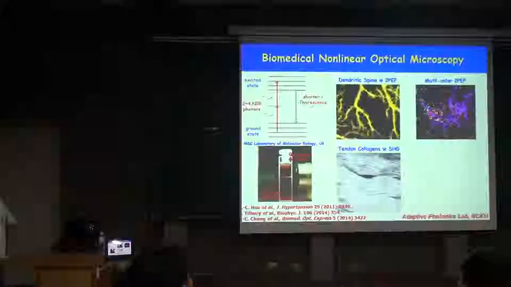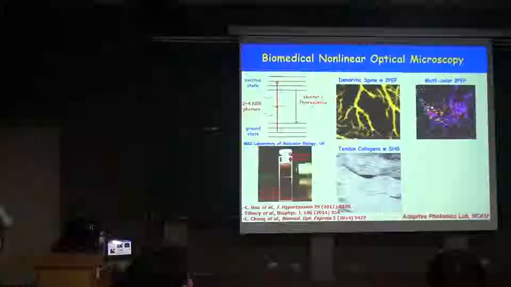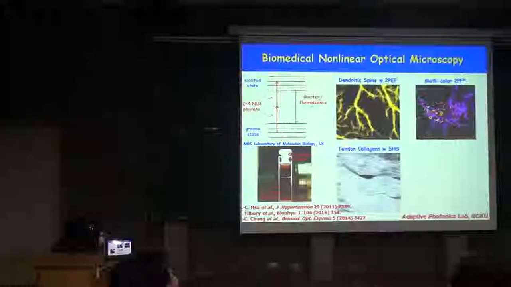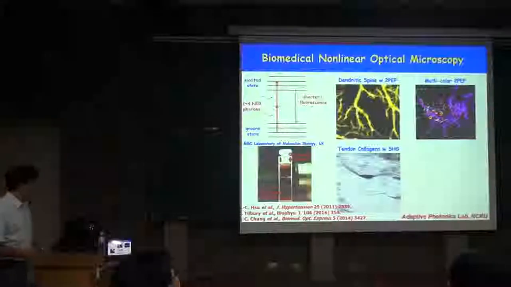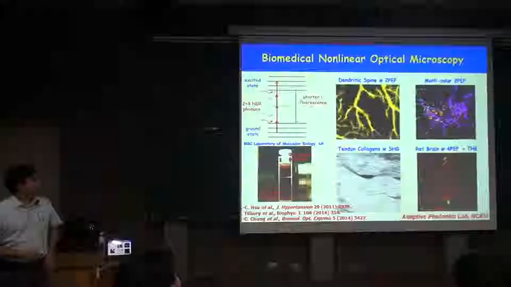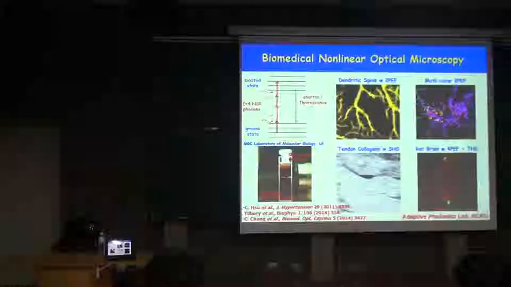And because you use the long wavelength, simultaneously you will not just excite one fluorophore, you can excite multiple fluorophores, a kind of multi-color image. Moreover, you can not just use two photons, you can use four photons.